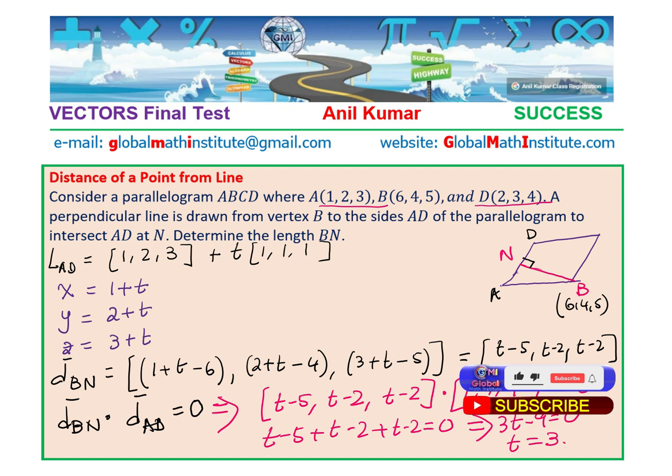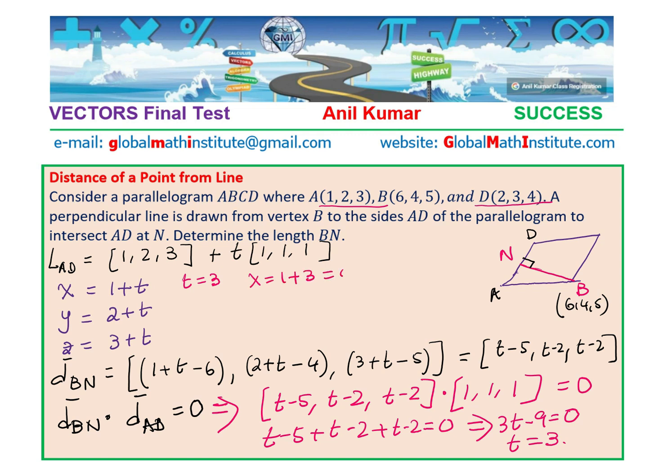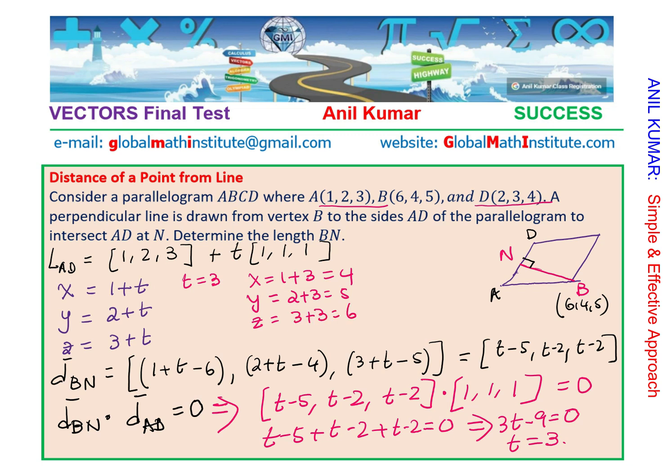So we know that the value of t is 3. So for point N, we can calculate using t equals 3. If I put 3 as my value, I get x equals 1 plus 3, which is 4. Y is 2 plus 3, which is 5. And z is 3 plus 3, which is 6, right? So the coordinates of N are (4, 5, 6).